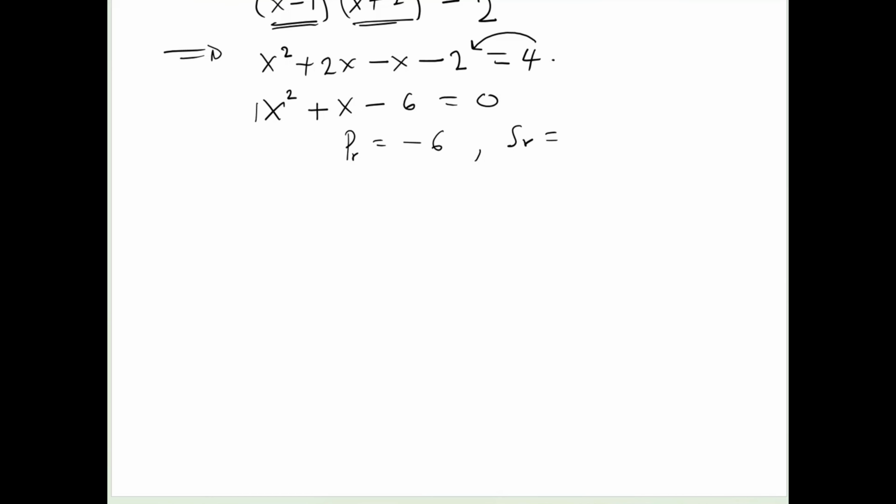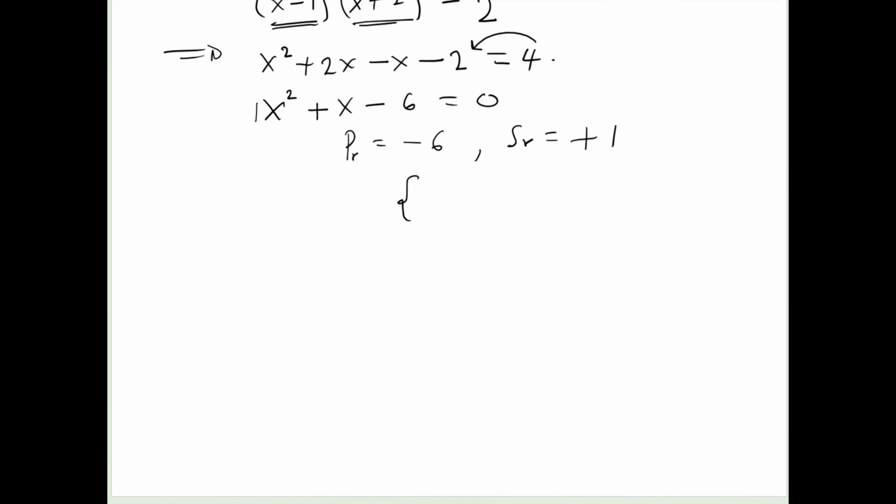And the sum of roots here will be the coefficient of the x variable, which is +1. Now it means that we are going to look for two numbers that if you multiply them, we're going to have -6, and if you add them, you're going to have +1.